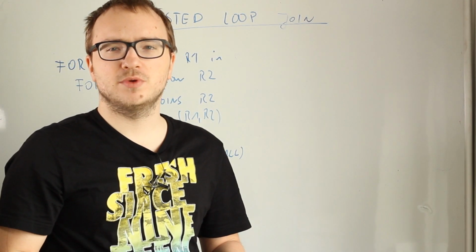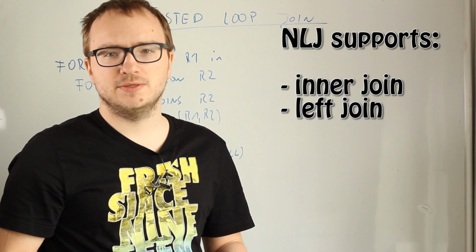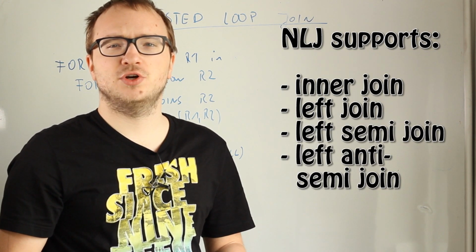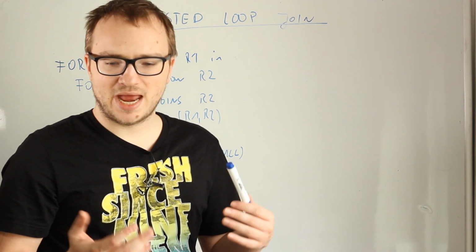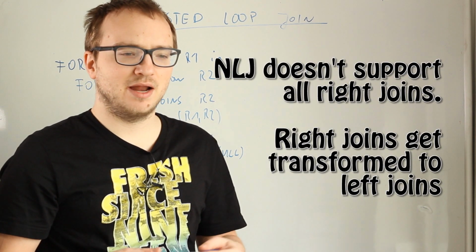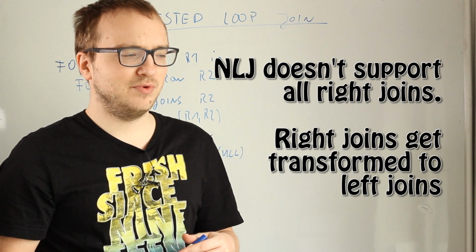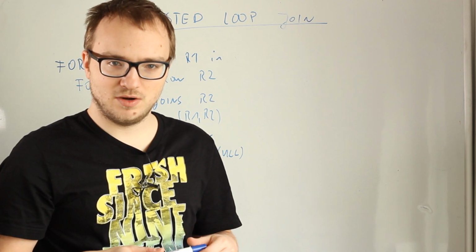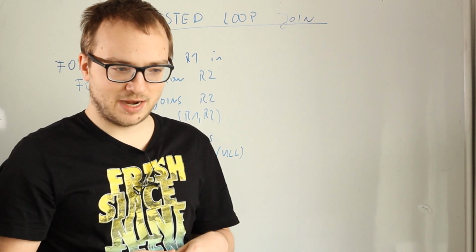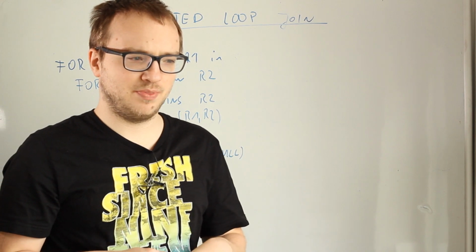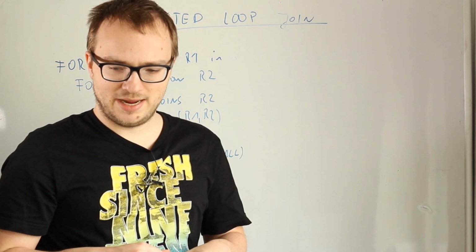Based on the algorithm, you saw that the nested loop join can do an inner join and a left outer join easily. It can also do a left anti-semi join and a left semi join. But what we cannot do is a right join or any kind of right join. Since we have a nested loop on the outer and the inner table, we would have to preserve every inner table row in some kind of bitmap array, to be sure at the end of the algorithm whether there was no join partner in the outer table.